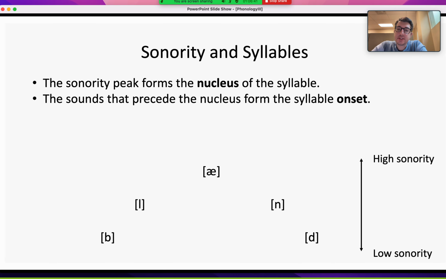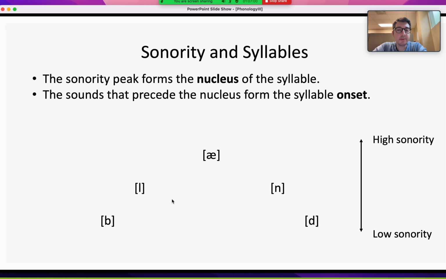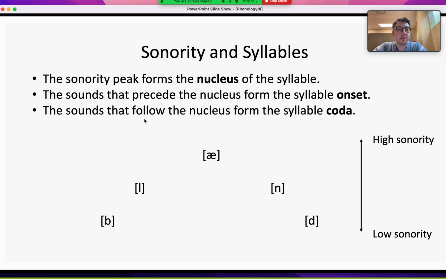The sounds that precede the nucleus form the syllable onset. Onset means beginning, right? Start of something. So onsets are everything that goes before the peak. And finally, the sounds that follow the nucleus form the syllable coda.